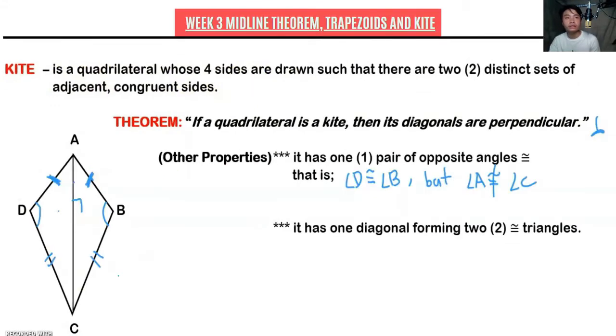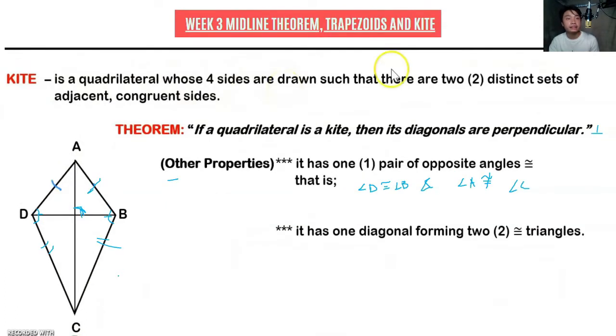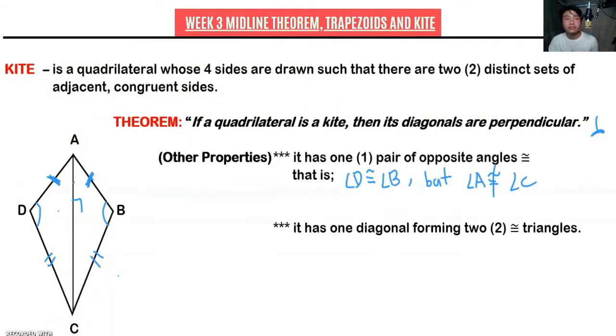So, pakita ko sa inyo. Kapag naman ang inalis natin is sa diagonal DB, ayan, makakabuo ba tayo ng dalawang triangle? Yes or no? Pag inalis natin, example lang, tinanggal natin.